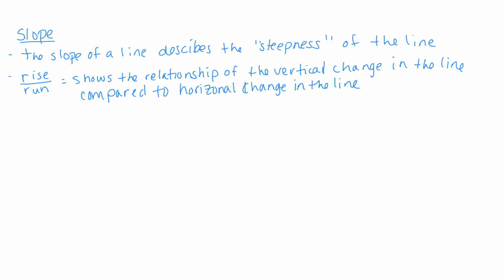The vertical change is the rise, the horizontal change is the run. Basically the slope is the ratio of the vertical change compared to the horizontal change. So we have the rise over the run, quite literal division.